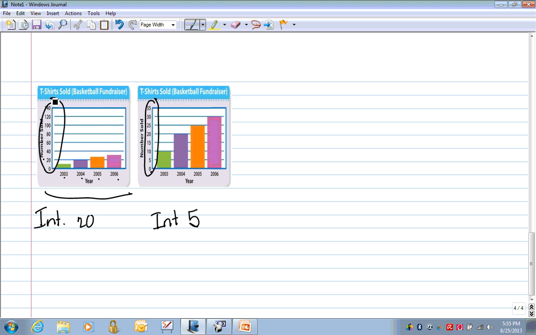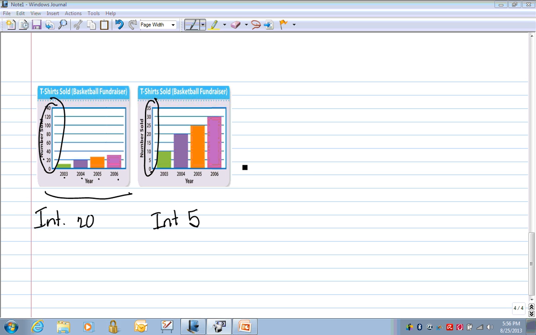The smaller scale distorts the changes and makes them appear greater. Which graph do you think gives the more accurate impression of the data? If you look at the smaller scale, it's easier to see that the increase was greatest in 2004.